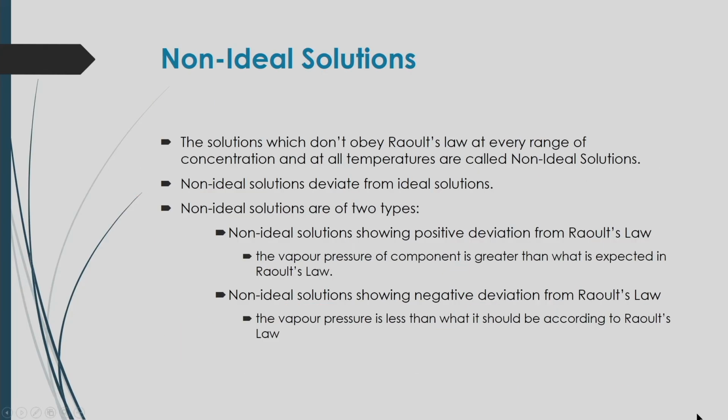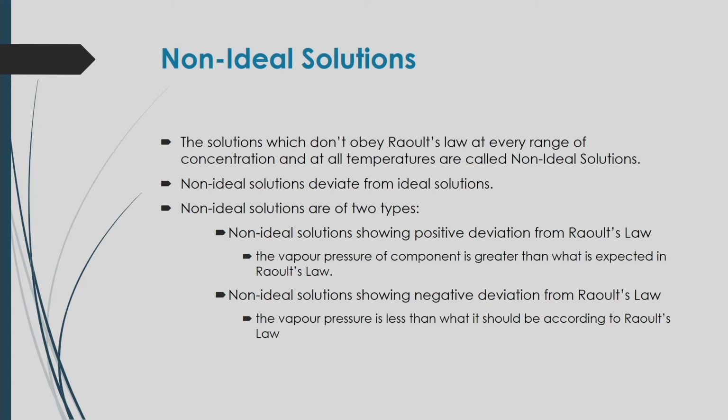Now, we have discussed the ideal solution where you can apply Raoult's law. If any solution does not obey Raoult's law at every range of concentration and at all temperatures, it will be called a non-ideal solution. Non-ideal solutions actually deviate from ideal solutions in two ways.